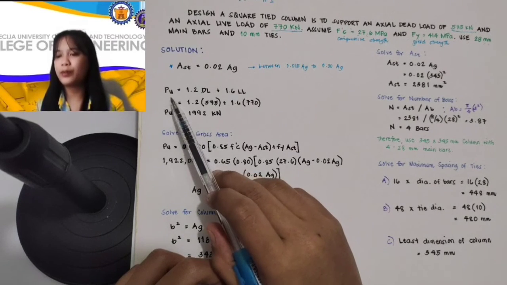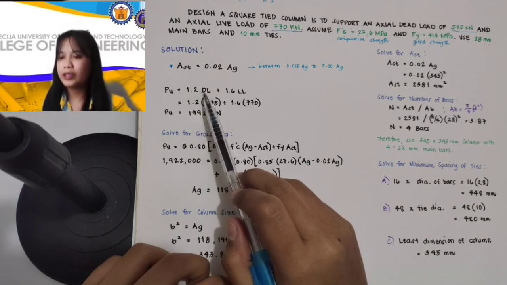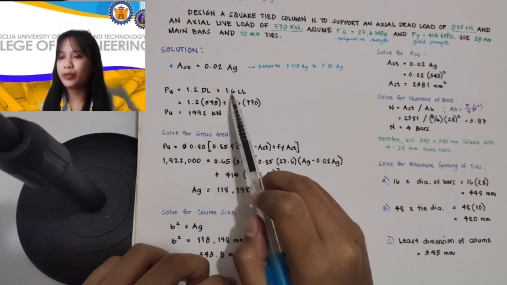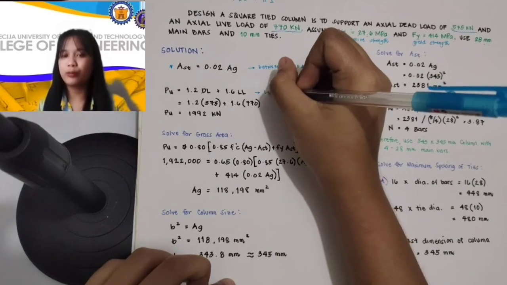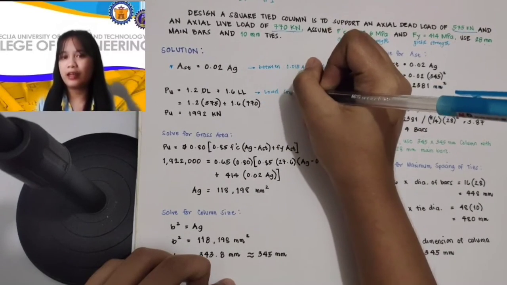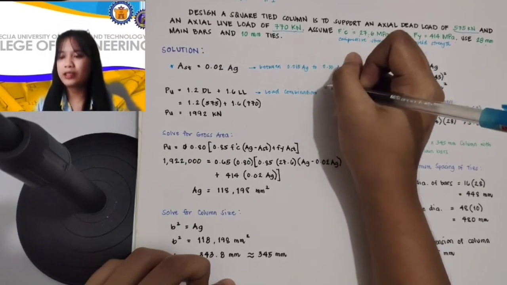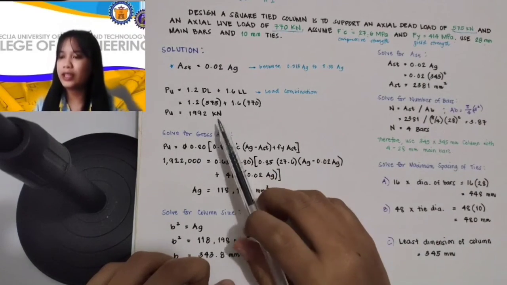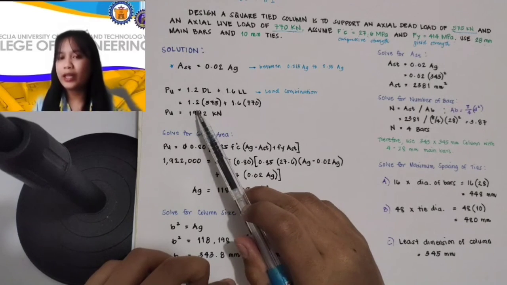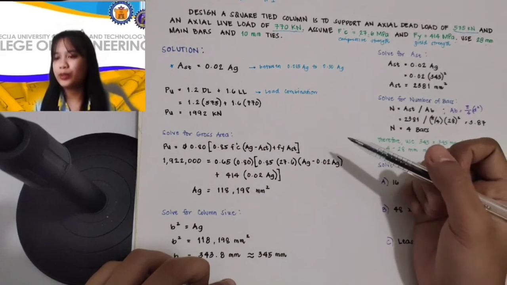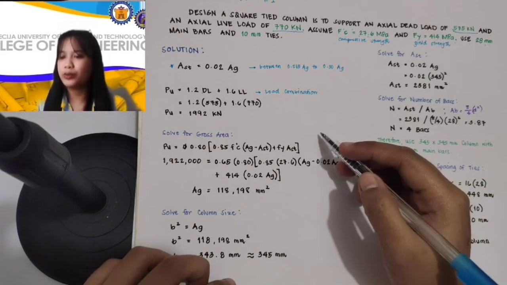We have this formula, Pu is equal to 1.2 times dead load plus 1.6 times live load. This is the formula to compute the load combination. We substitute the values of dead load and live load to the given formula to get the axial combination load.